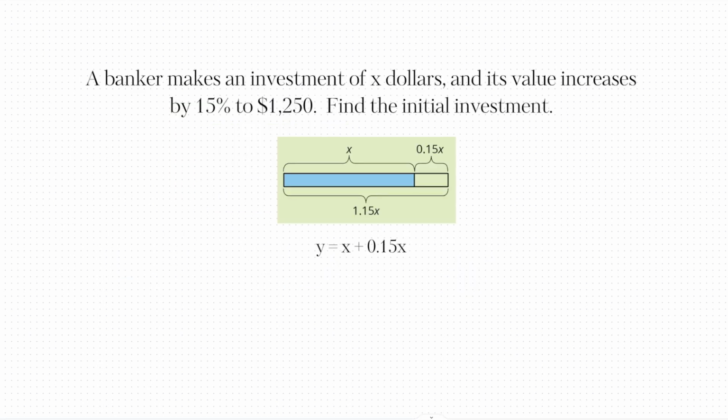So we can use this now to solve scenarios. It says a banker makes an investment of x dollars. The blue bar is the investment, and it increases by 15% to $1,250. This right here is the amount that it increased by, and altogether the entire thing is $1,250.